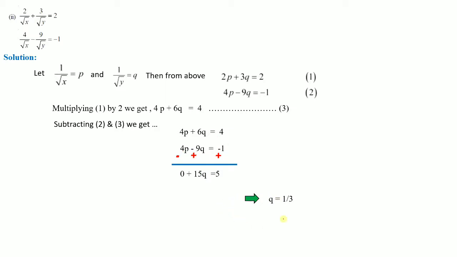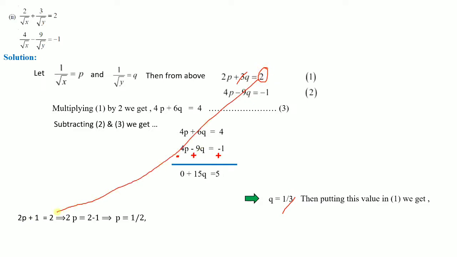Now we will substitute this q in the above. Putting this value in equation number 1, we get 2p plus, now look here, q is 1 by 3, so this 3 and this 3 will cancel, so we have 1 over here, and is equal to 2.